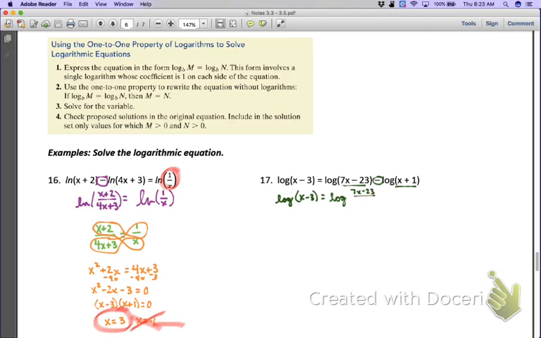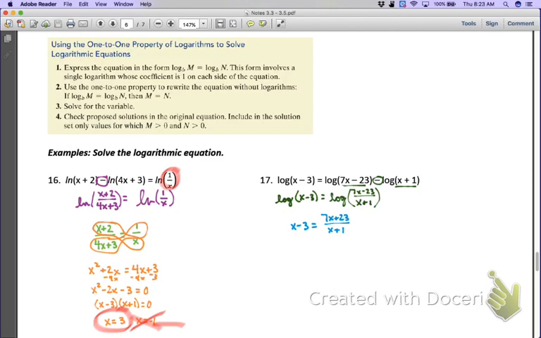So if everything is equal, now there's not necessarily a problem here, but you have an x minus 3 on the left side, then you have a rational expression on the right side.